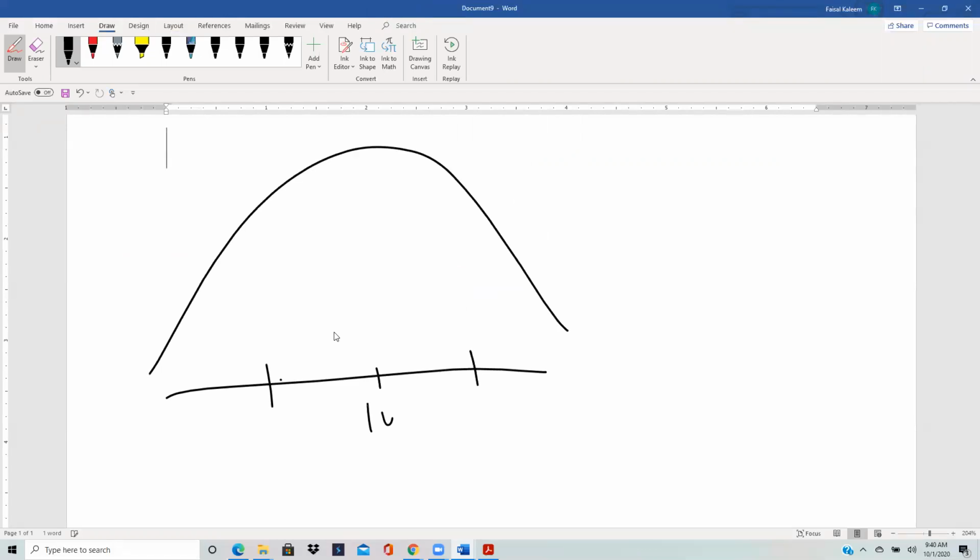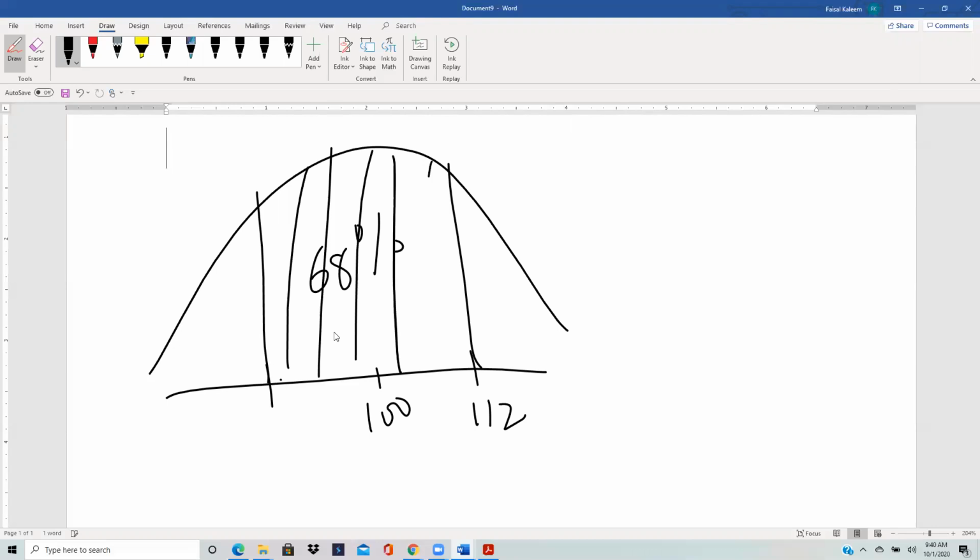So you have 100 in between. And you know that on one standard deviation, the in-between area is 68%, right? Yes. So then how much would be the area on the two sides if the in-between is 68? The total area is 100%. So how much will be left over for the two sides? 32.